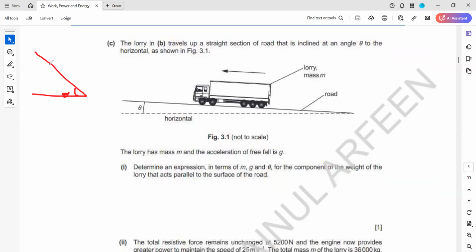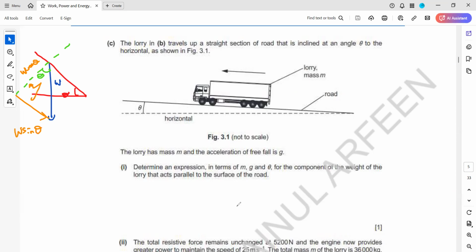If its weight is acting downward, and we take the axis like this, the angle here will be the same as the angle here. So this will be W. The component of the weight perpendicular to the inclined surface is W cosine theta, and the component of the weight which is parallel to the plane is W sine theta.